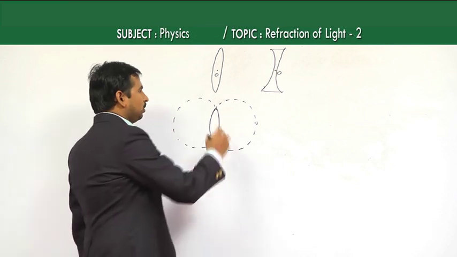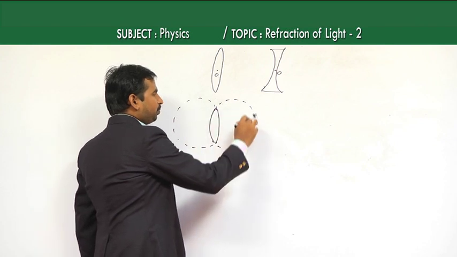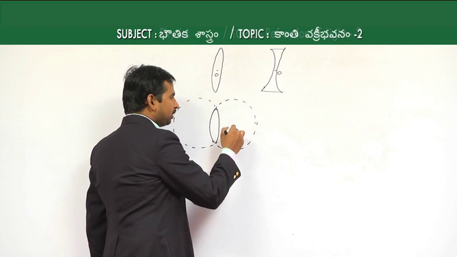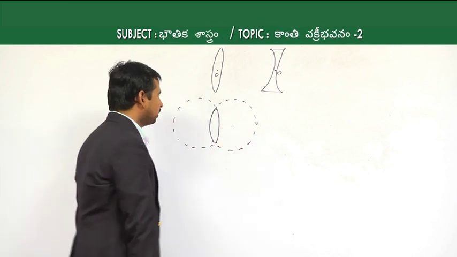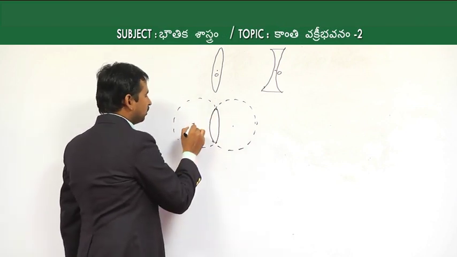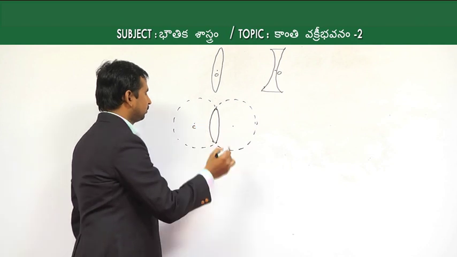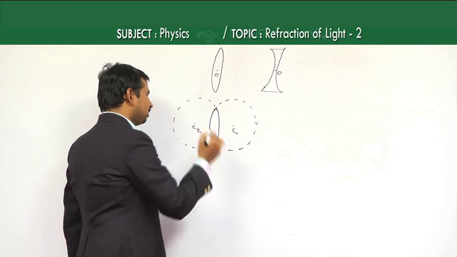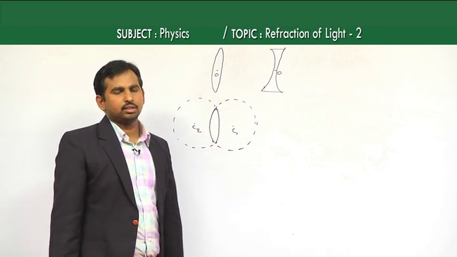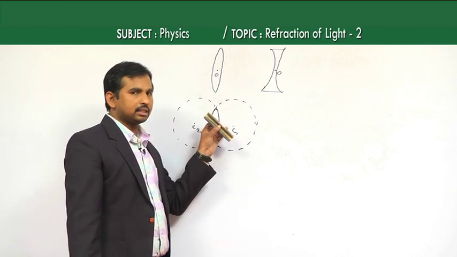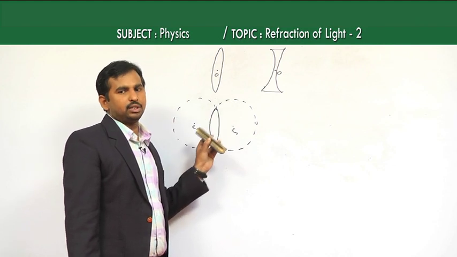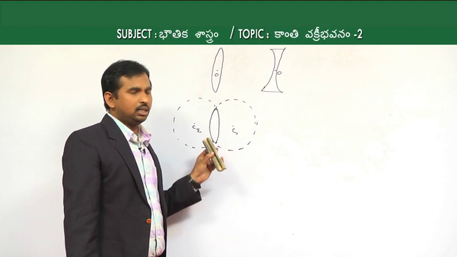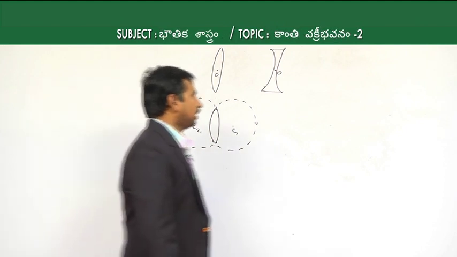Now, if you imagine the glass sphere of which our lens is a part, the center of that sphere, this is C1, and this is C2. C1 means center of curvature for the first curved surface, and C2 means center of curvature for the second surface. This is called center of curvature.